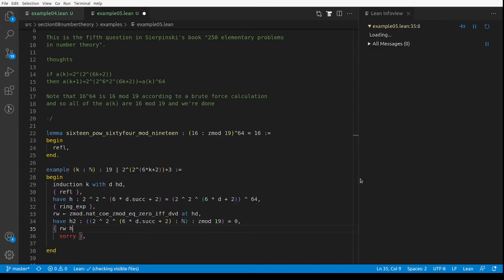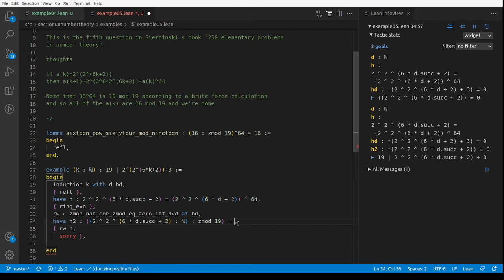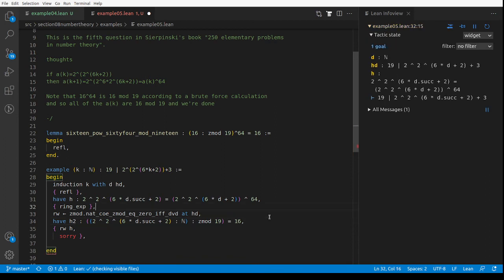I can rewrite H, and now I know, oh, this isn't even true. This isn't even true. I want this to be, this is 16, right? Yeah, I've never done that, have I?